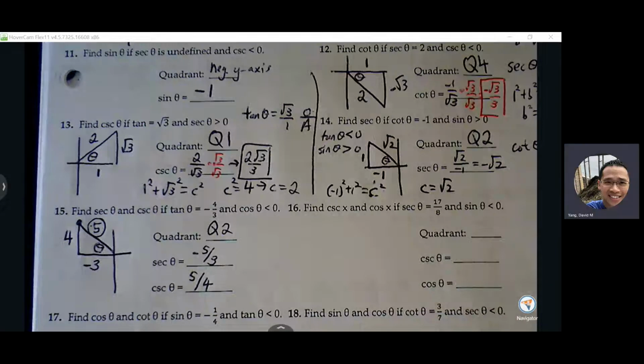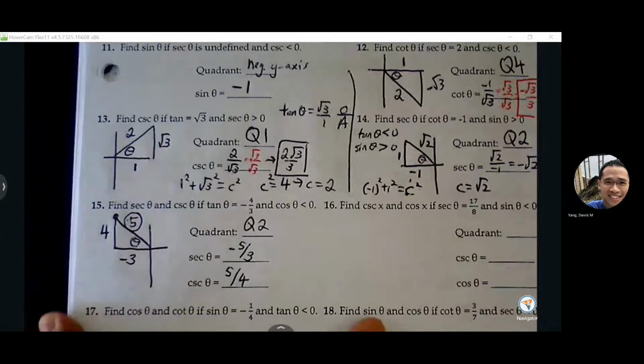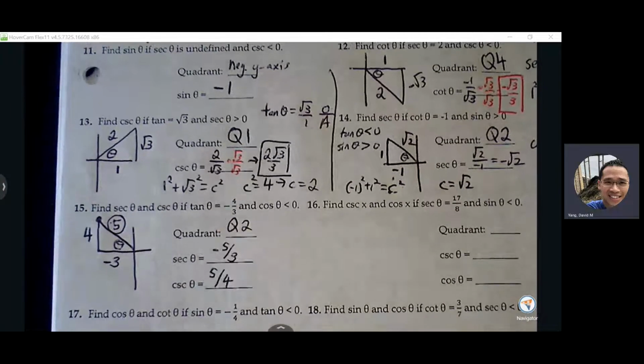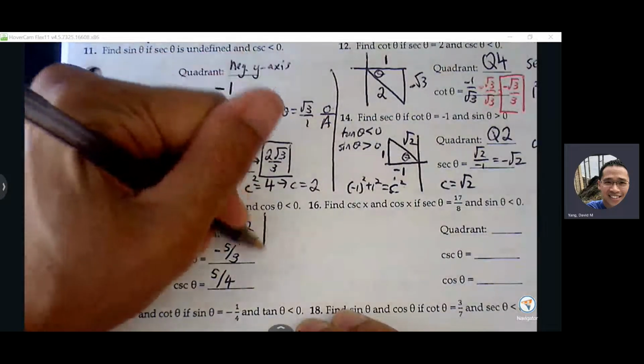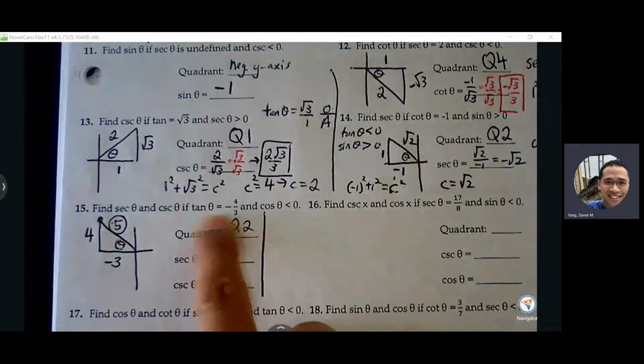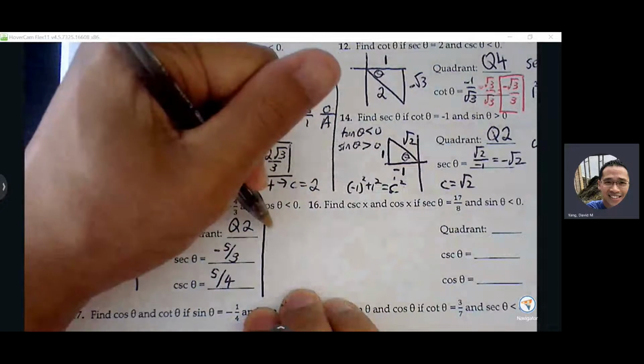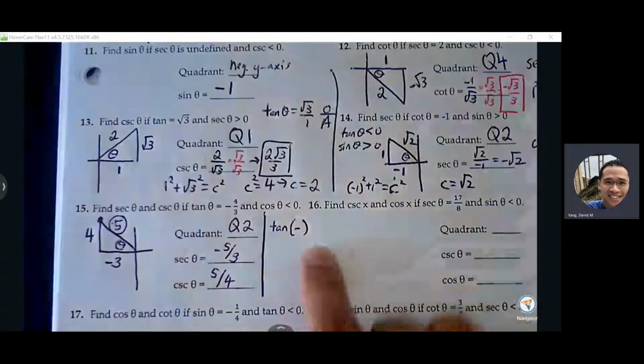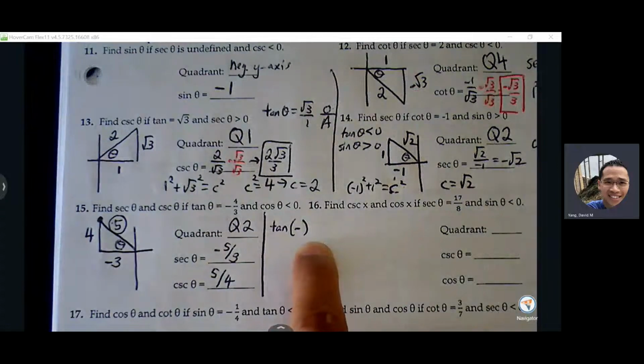15 says find secant and cosecant if tangent is -4/3 and cosine is less than 0. So let me put some side notes here. Tangent is negative, so I'm going to put that here. I'll just put a negative as information gathering.